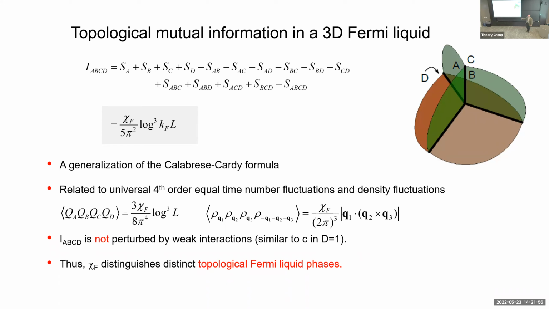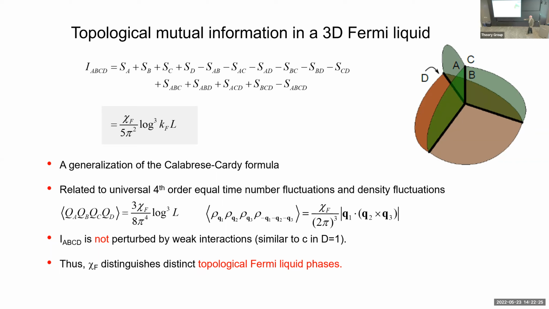And in fact, it's basically this correlation, the disconnected correlation between QA, QB, QC, and QD, okay? And so what we showed is that this has this log cubed divergence, and the way we did that was, again, to relate this to an integral of the equal time density correlations.